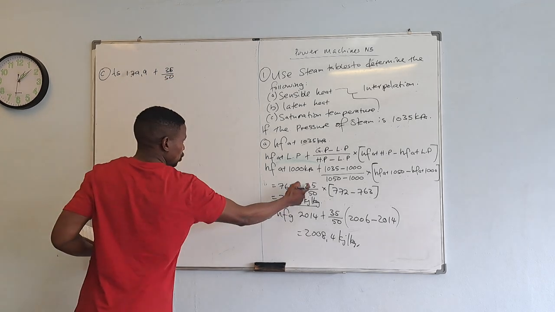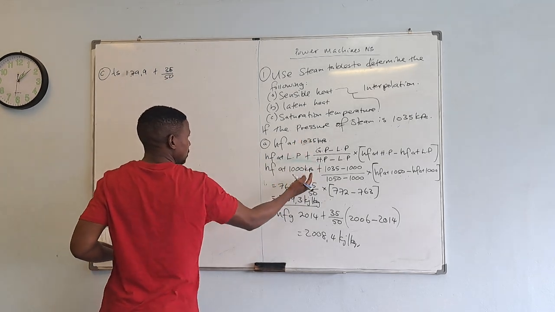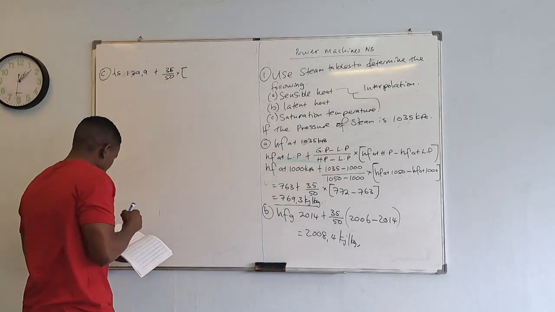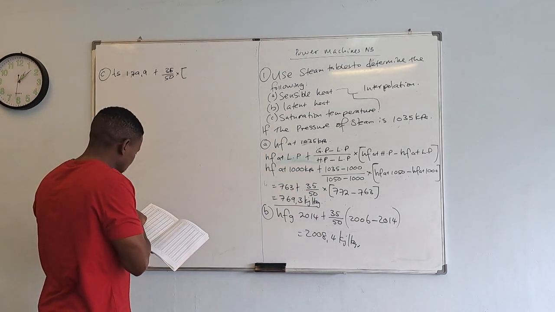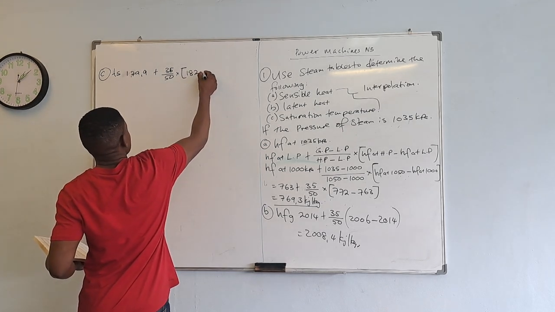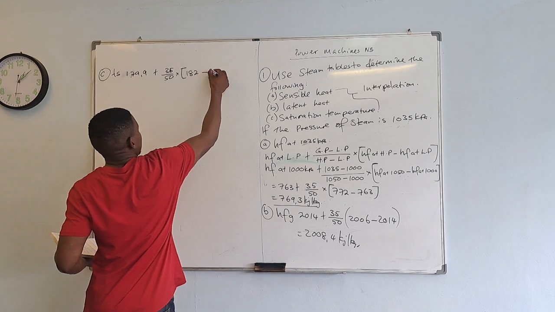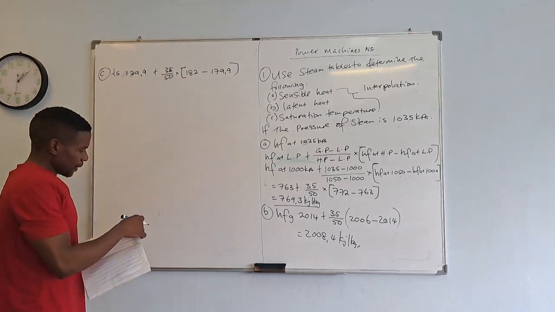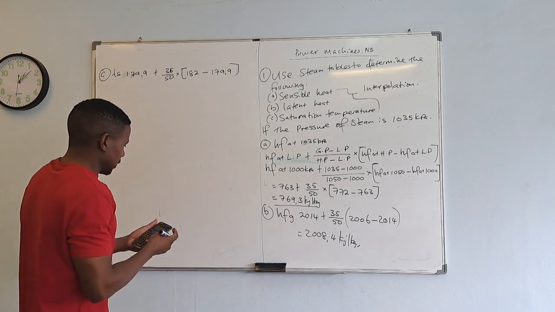This one does not change, it remains the same. Times our TS at 1050, which I'm getting as 182, minus 179.9.